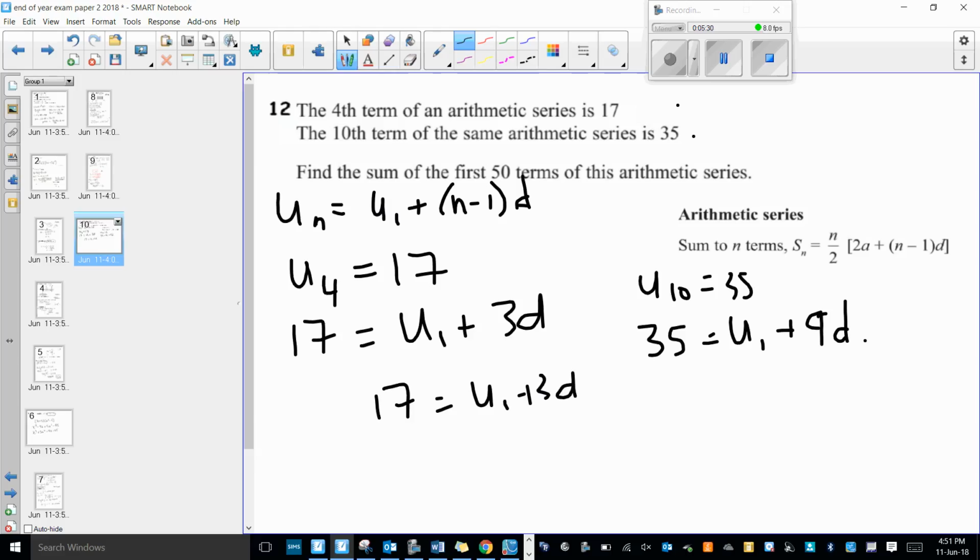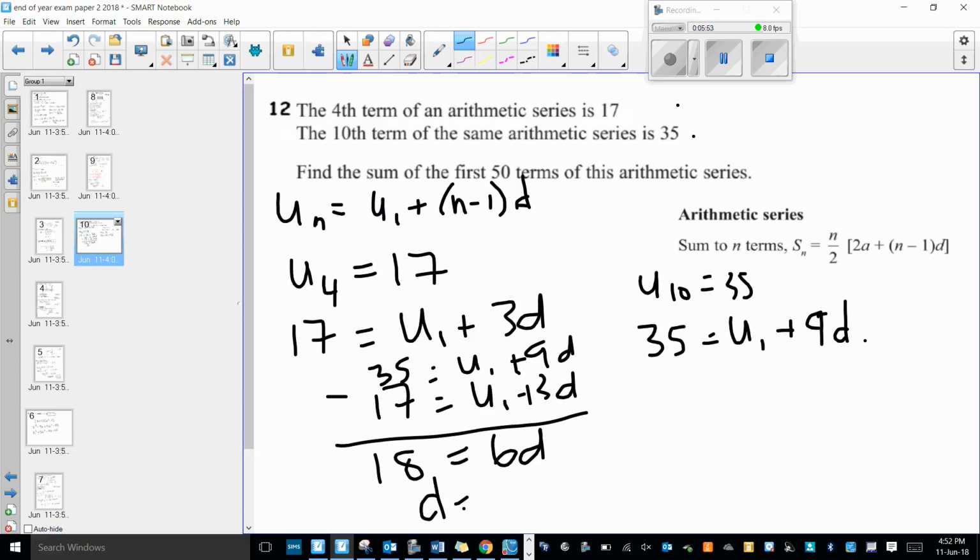I'm going to subtract the bottom one from the top. So we've got 35 subtract 17 is 18. The U1s disappear, and 9 subtract 3 is 6. And so D is 18 over 6, which is 3. So I know my common difference is 3.